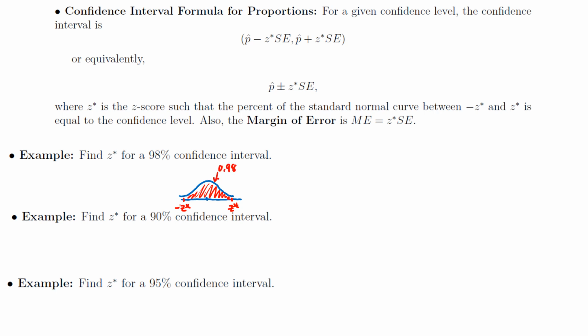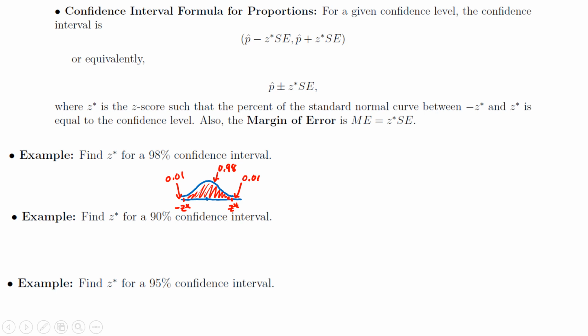So what we want to do is determine, okay, if 98% of the curve is between negative z and z, then what's on the outside? Well, of course, there's 2% left, so half of it, 1% would be on the left, and half of it, 1% would be on the right, so that it all adds up to 1 or 100%.